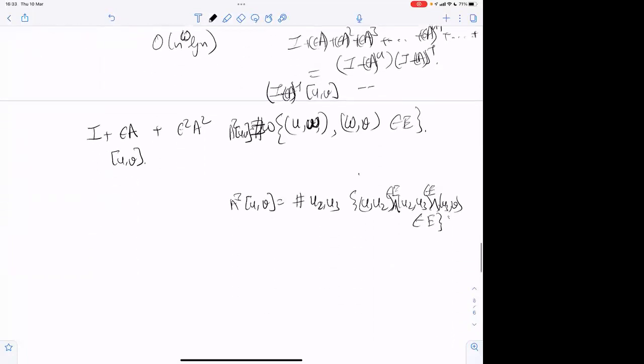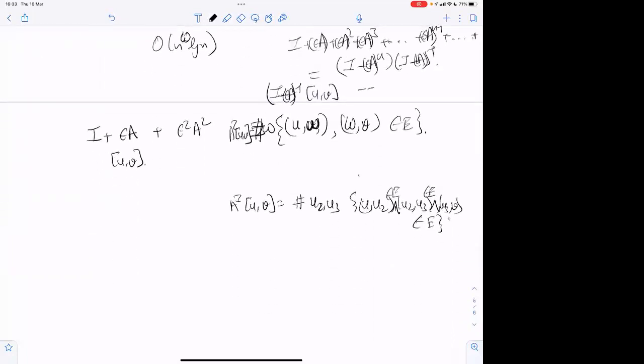Correct? So these are basically the number of walks from U to V of length 3. You go from U to U2, U2 to U3, and U3 to V. And this epsilon factor we have added just to make the series converge.